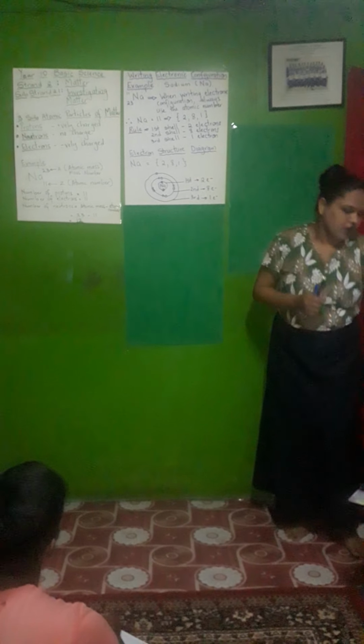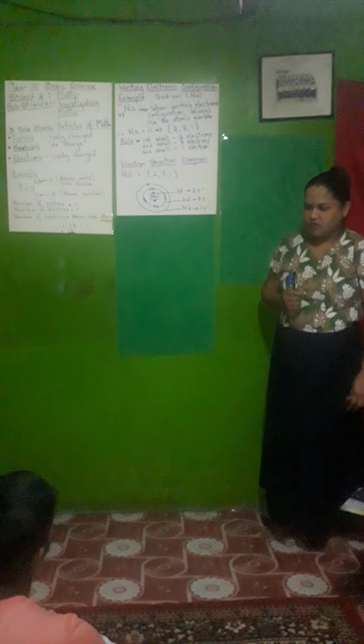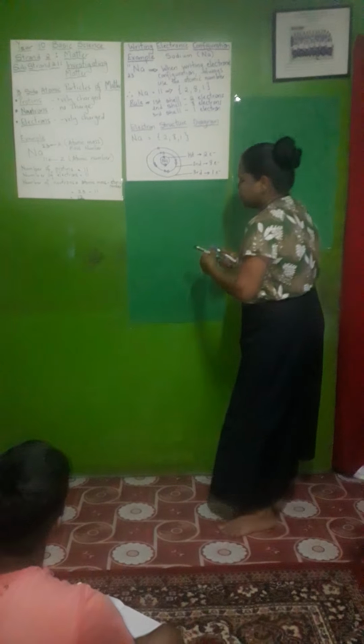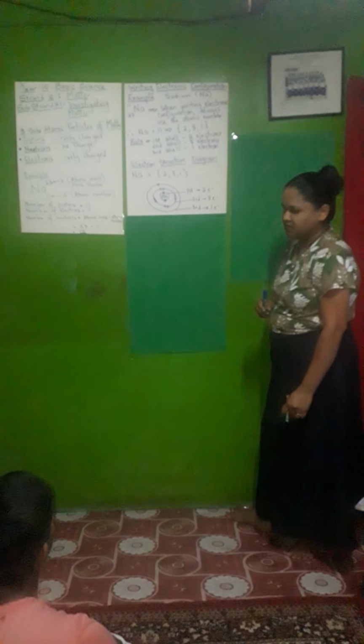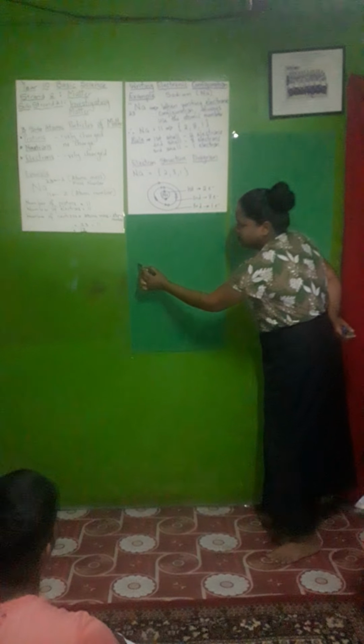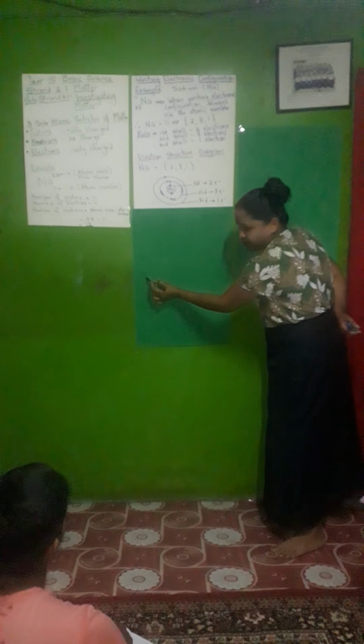Let's move on. The protons and neutrons are heavier than the electrons. Say for example, this is your sodium atom. Sodium has 11 protons and a mass number of 23. So this is your atomic number and that is your mass number.